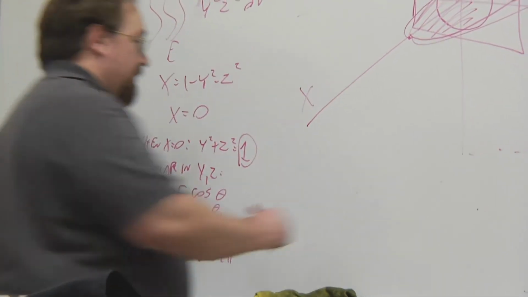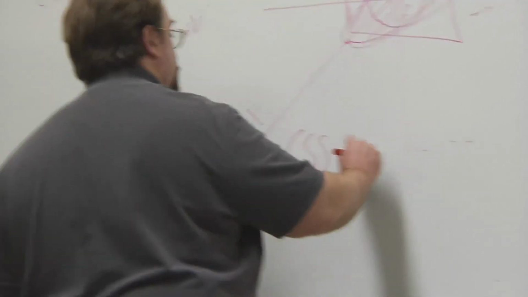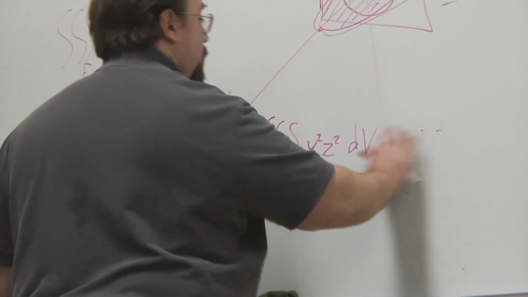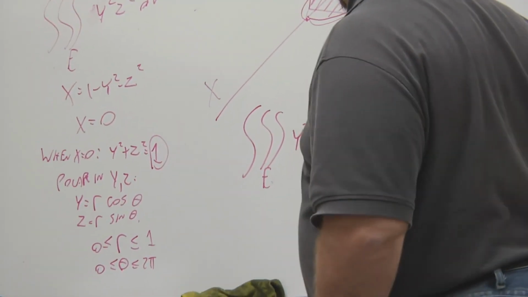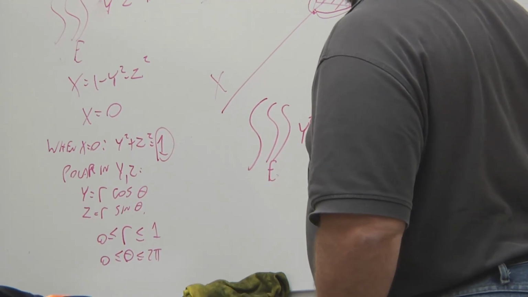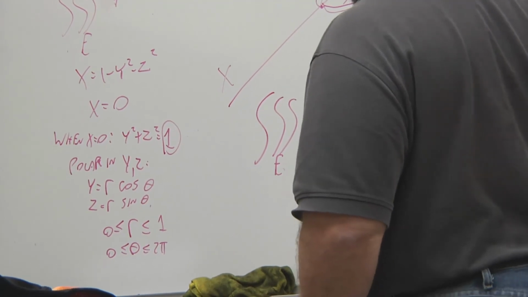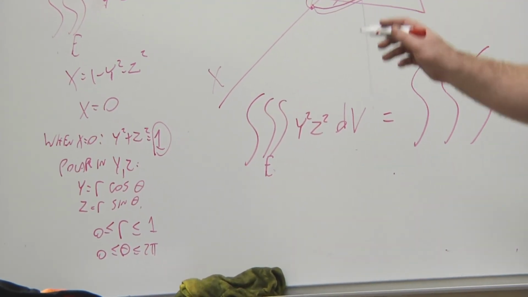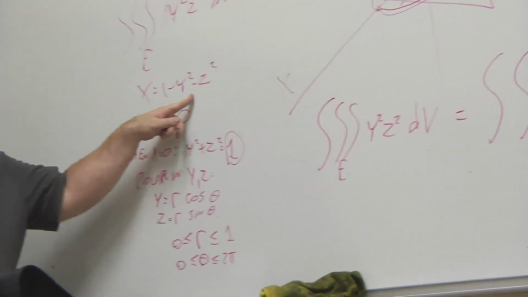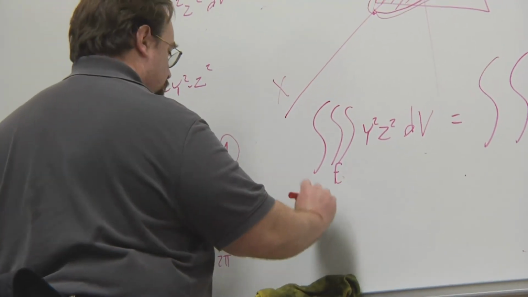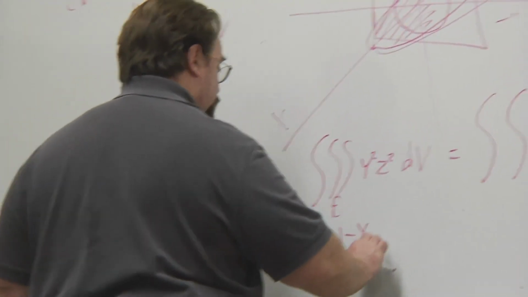So we need to write our triple integral in terms of these variables and figure out what the limits are. Okay. So now x depends on both y and z. So x runs from 0 to 1 minus y squared minus z squared.